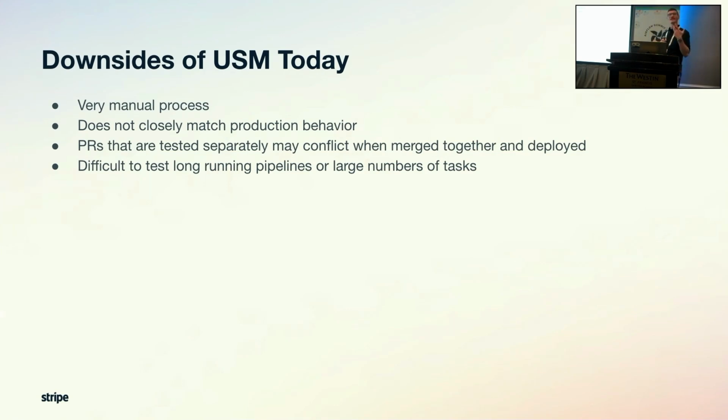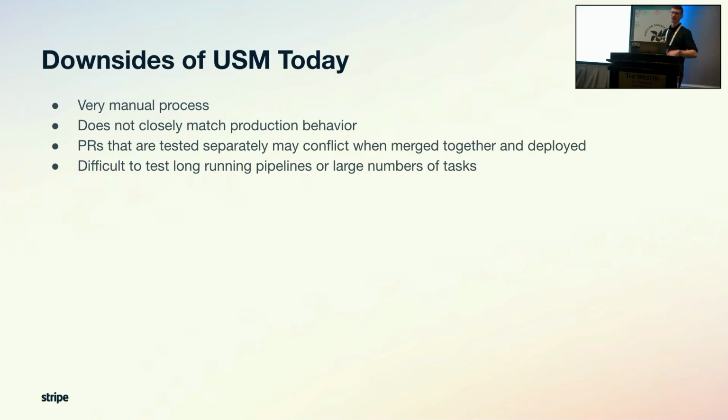So when you're running your task in USM, you're not hitting any of the upstream Airflow scheduler or worker code paths. You're not using the actual CI built and deployed artifact. And so there's a lot of ways that things can be different when you're testing in USM versus when your task is actually running in production.